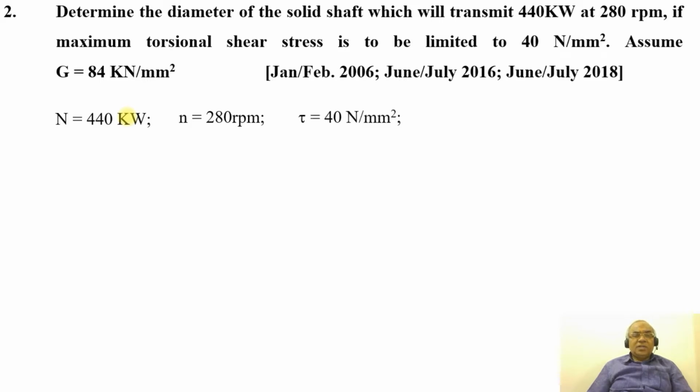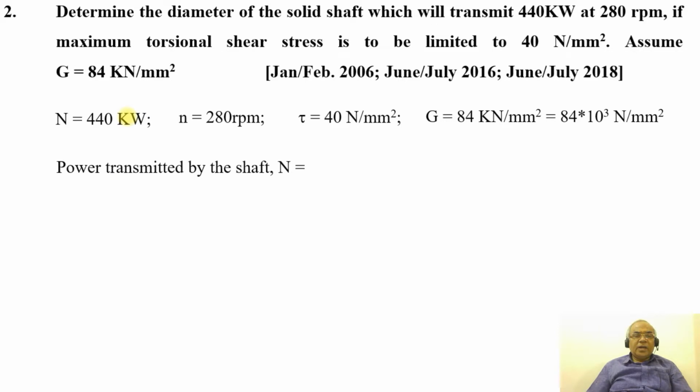The maximum torsional shear stress is limited to 40 Newton per mm square, so tau is equal to 40 Newton per mm square, and G is equal to 84 kilonewton per mm square. Converting kilonewton into Newton, that is 84 into 10 to the power of 3 Newton per mm square.